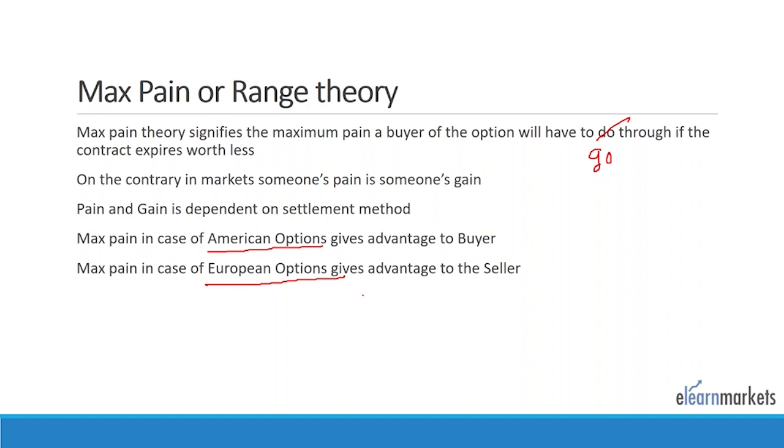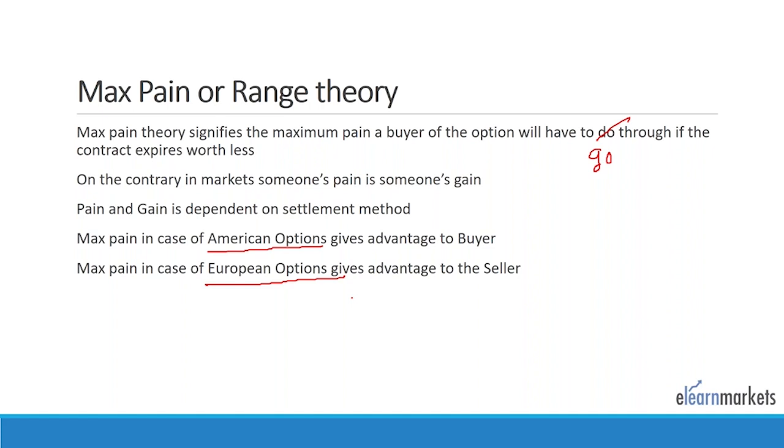In case of a European contract, which is the case in India, the seller of an option is always the more resourceful person than the buyer of the option, because the seller of the option doesn't have to worry that the option contract will expire anytime within the contract tenure.